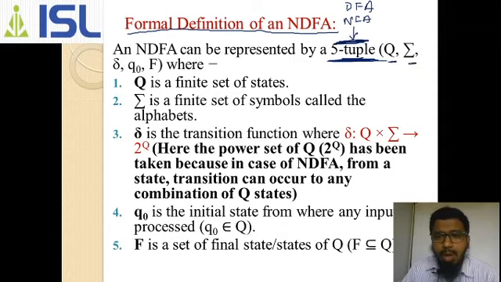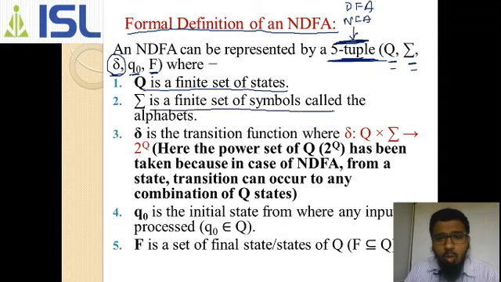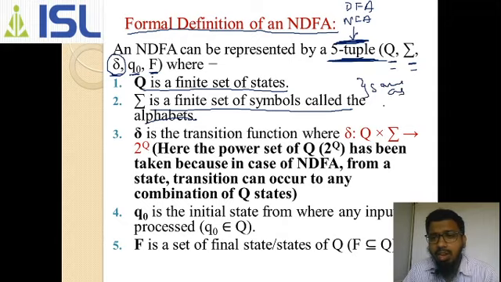Q, sigma, delta, Q naught and F. Q, sigma, Q naught, F will be the same, but the delta is a little bit different here. See, Q is a finite set of states as we studied in DFA. Sigma is a finite set of symbols called the alphabet. This also is the same as DFA.